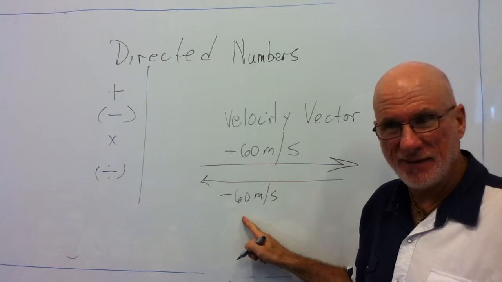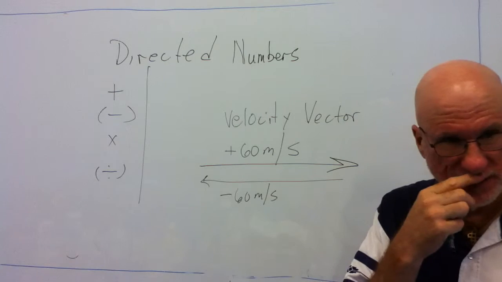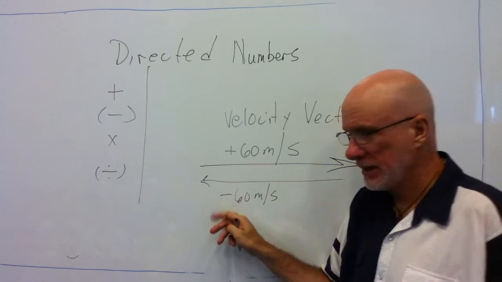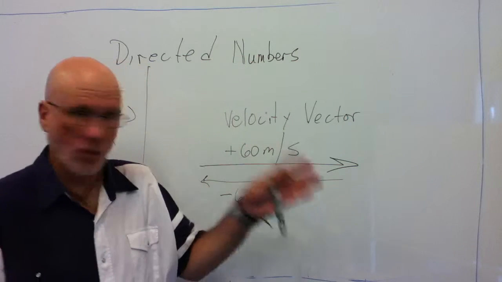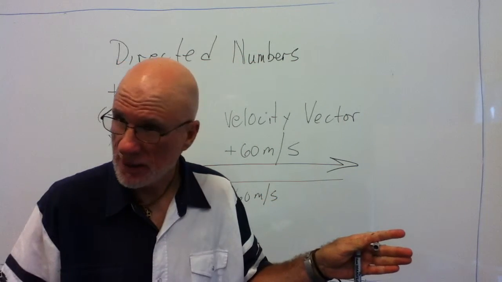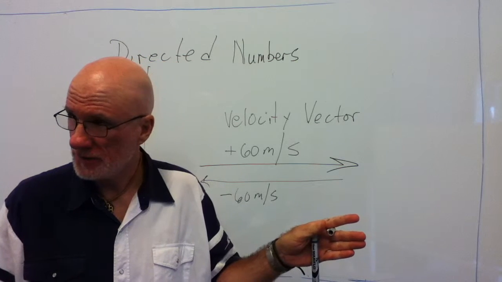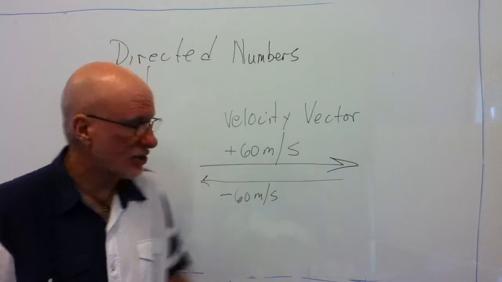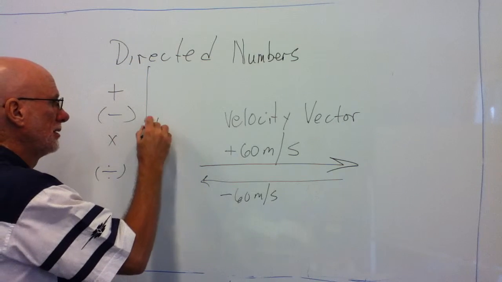You see that? That's made of two things. It's made of a magnitude and a direction, that way negative, that way positive. Call it an integer. You've heard of integers? No? Okay. An integer is a directed number.